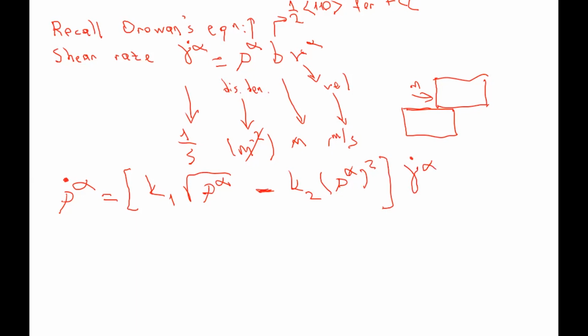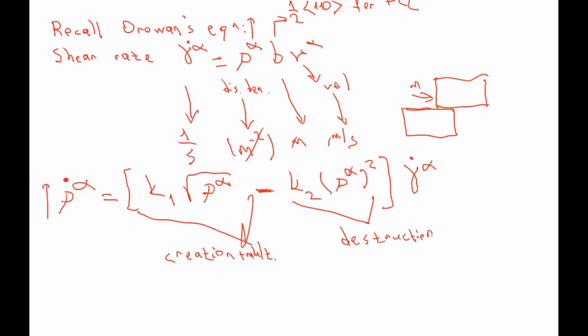And generally, since we are evolving the dislocation density, we are creating more dislocations. K1 should be greater than K2, right? So this whole term is for creation of dislocation and multiplication. And this term is for annihilation. And K1 is generally greater than K2.